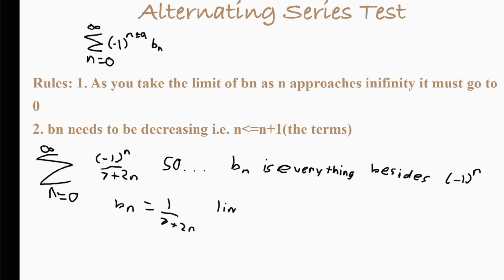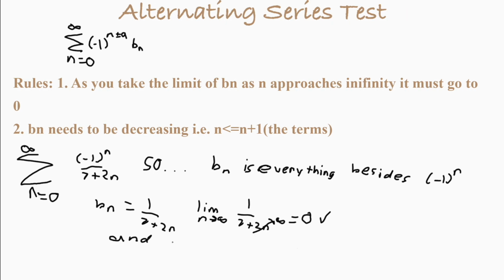And we'll take a look at the limit as n goes to infinity of b sub n here. We see that the denominator is going to get really large. 2 times infinity is infinity. 1 over infinity is a really small number. We basically just call it 0, so that's going to be equal to 0. And then we need to check the second criteria. Is b sub n decreasing?